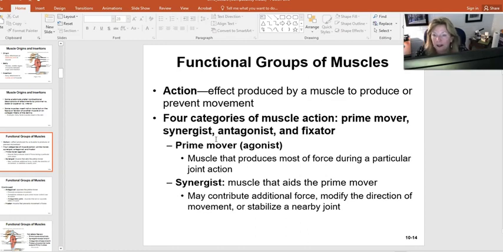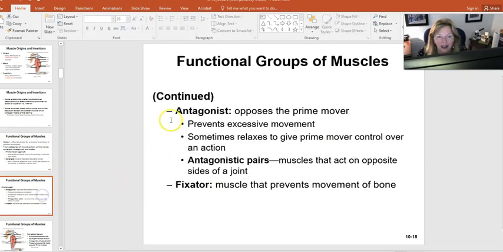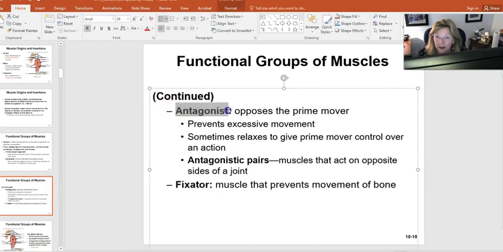When we think about the actions, we know that the agonist, which is the prime mover, is the muscle that's producing the force on that particular joint. A synergistic muscle is one that is going to help the agonist, the prime mover. And then for most movements, you're going to have an antagonist that opposes the prime mover.